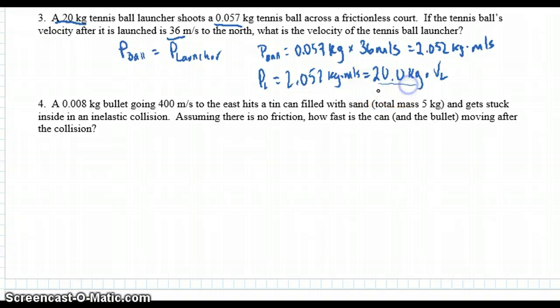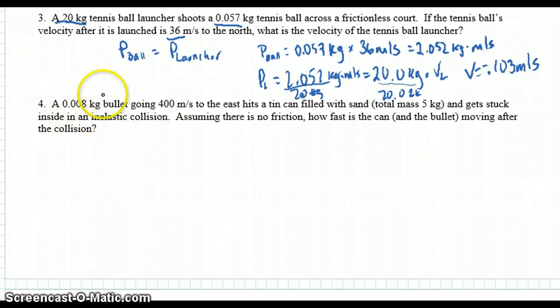So we divide both sides by 20 kilograms, and we get that the velocity is equal to 0.103 meters per second. It's in the opposite direction, so negative.